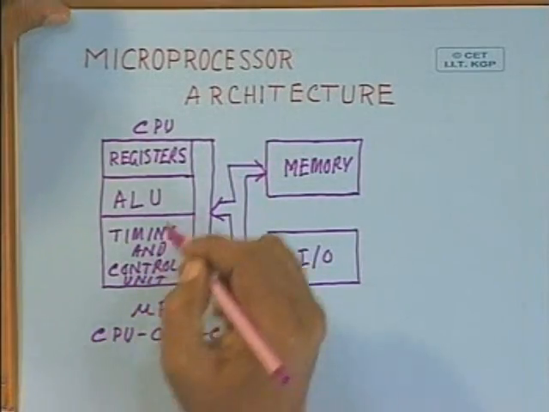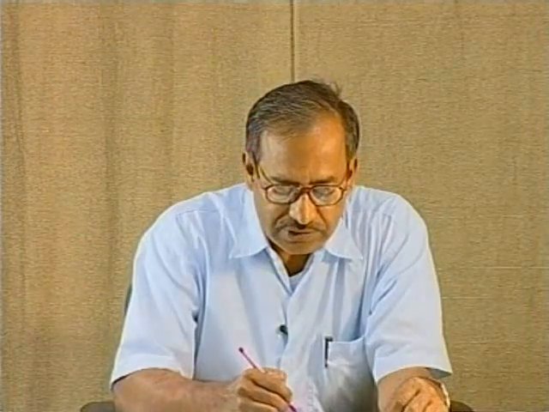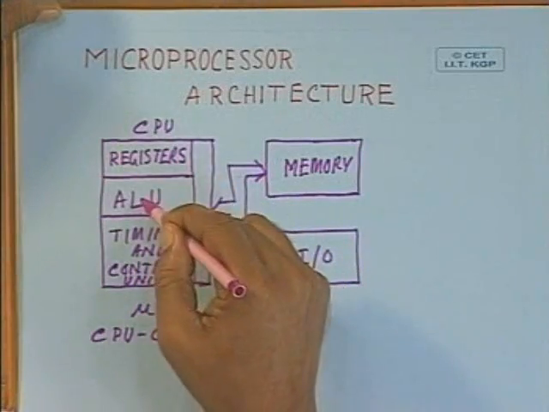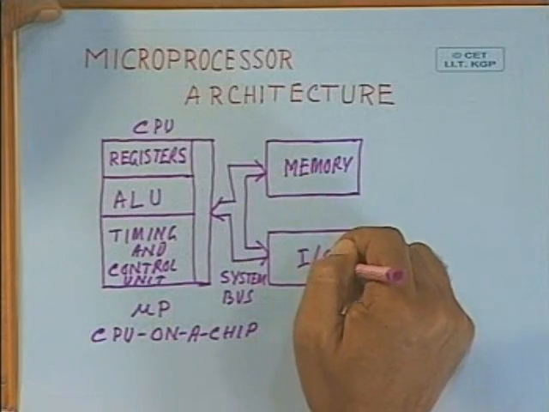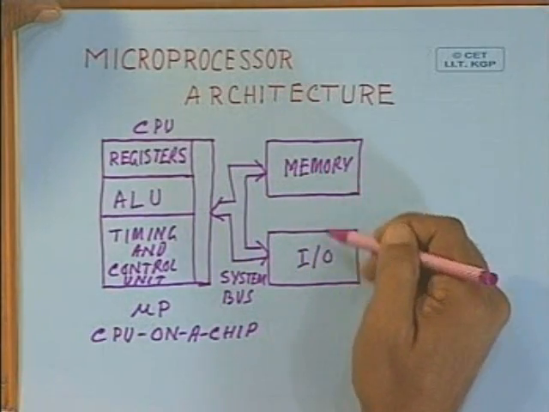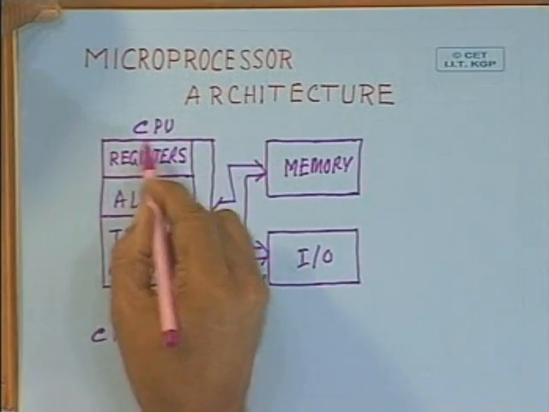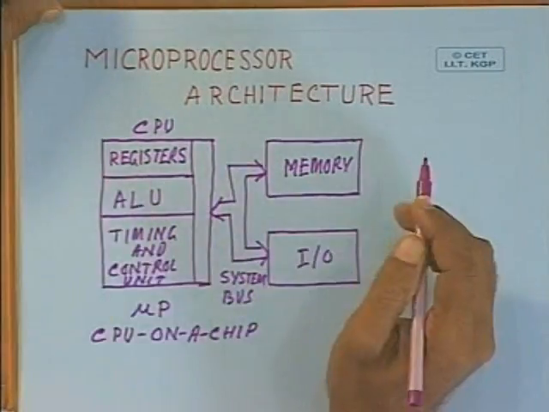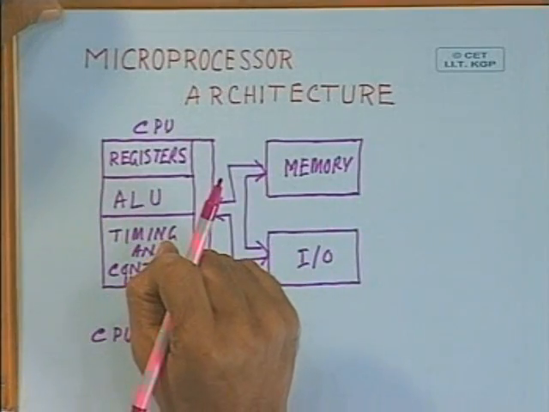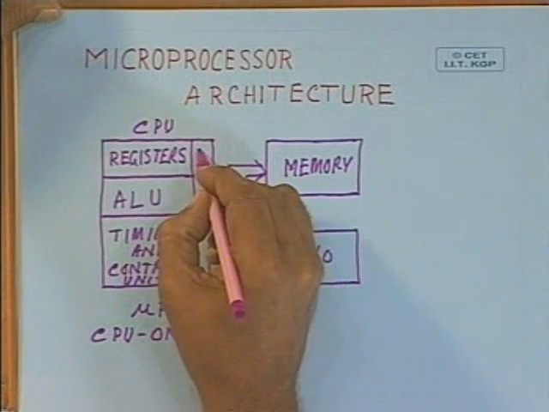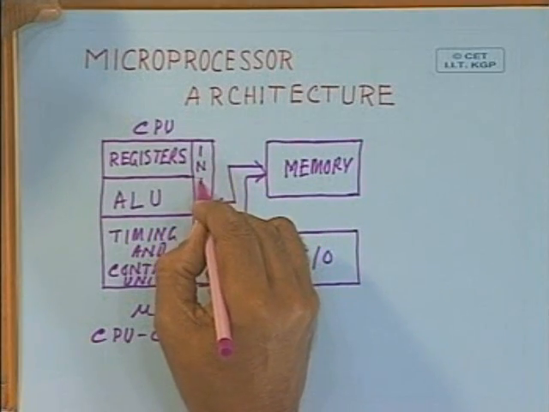This timing and control unit is responsible for coordinating and controlling the activities within the CPU and also controls various memory devices and input output devices, as we shall discuss in detail. Now, the CPU is inside the chip, inside an integrated circuit, but for its functioning it has to interact with the memory devices, it has to interact with the input output devices, and for that purpose it is provided with an interface section.